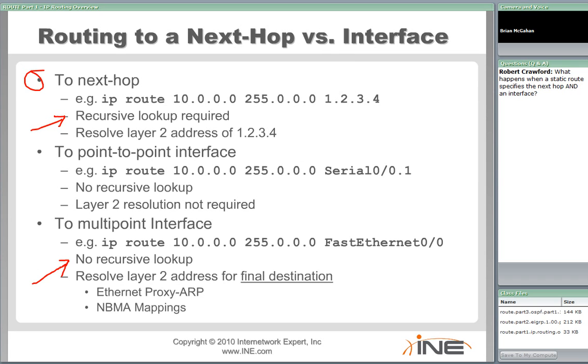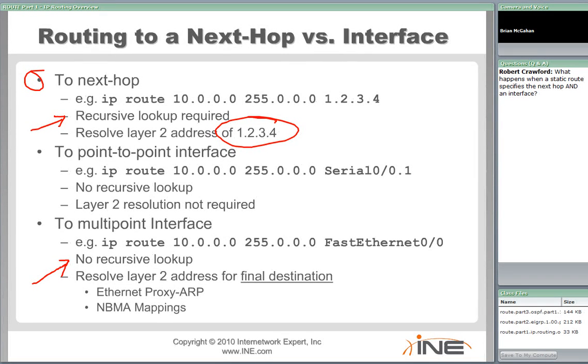So when you do both of them at the same time, you get the advantages of both features. So you skip the second lookup, you skip your recursive lookup, but also you do the layer 2 resolution for the next hop. This is actually the most efficient way to do the static route, because then you're skipping your second routing lookup and you know what layer 2 address you're trying to forward towards on that link.